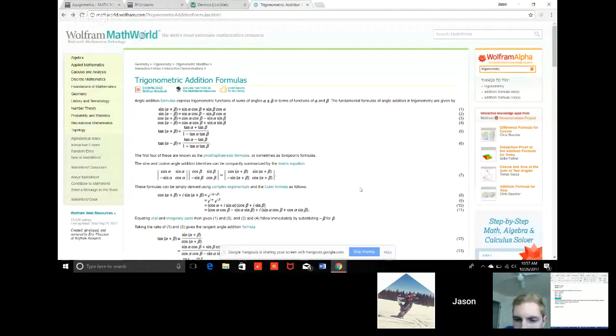And you can also take 2 smaller angles that you don't know and add them to be an angle that you do know. And they're talking about imaginary numbers. This is talking about when you have tangent, you can split it up into cosine and sine and then find it that way.